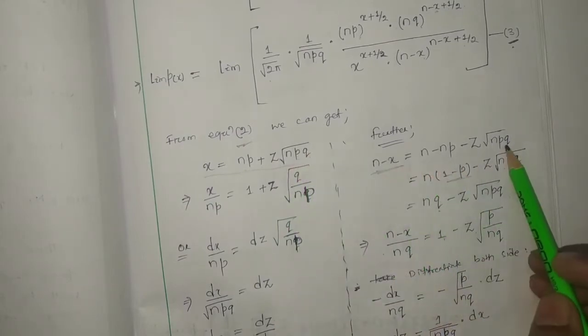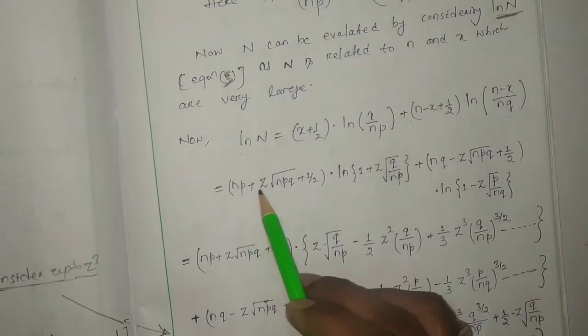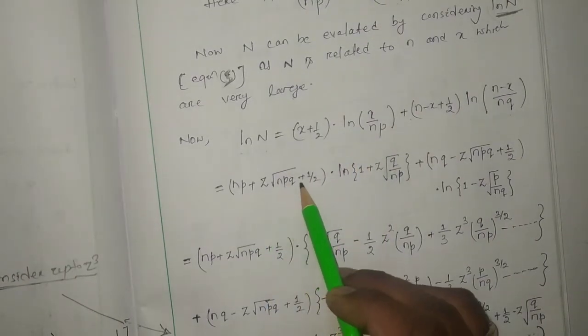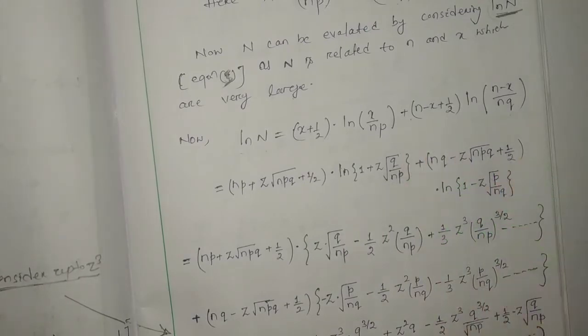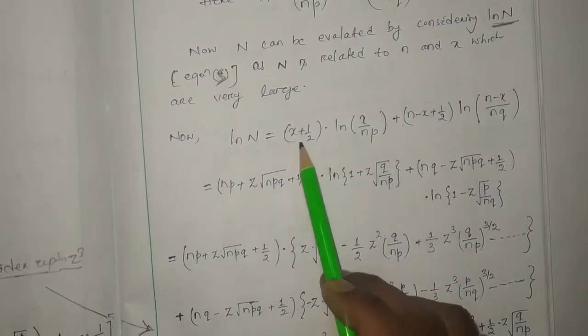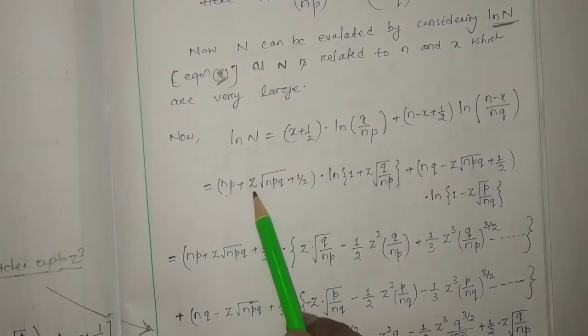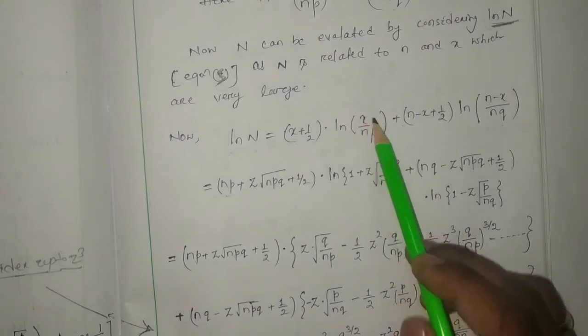First we have to substitute these two values over here, that is np plus z into root over of npq, plus 1 by 2. Here we have substituted the x value equal to np plus z into root over of npq, and here also we have substituted this value.